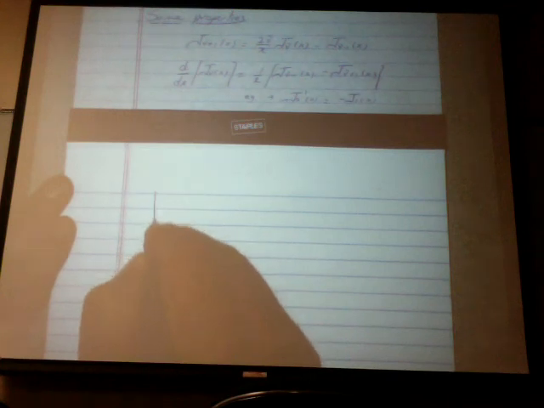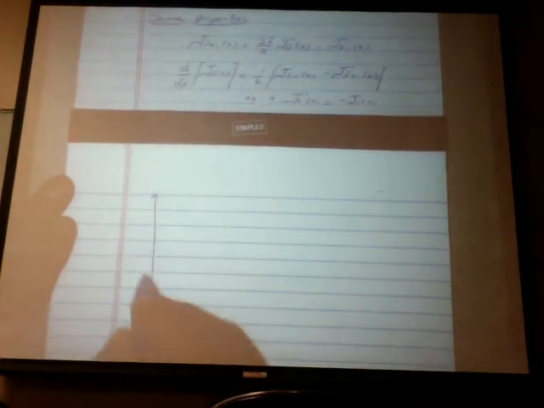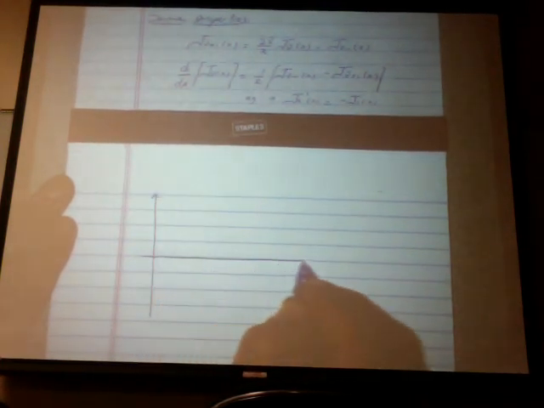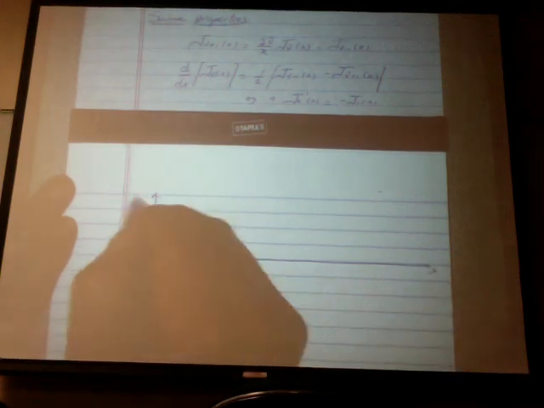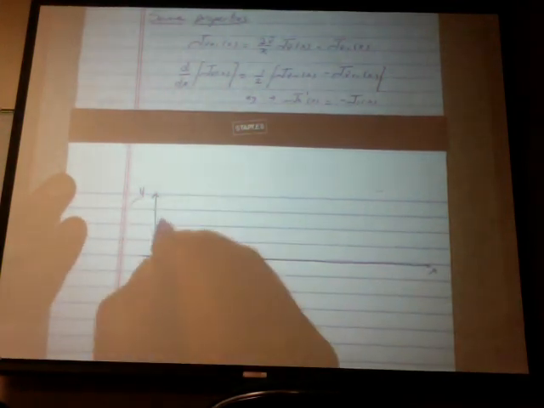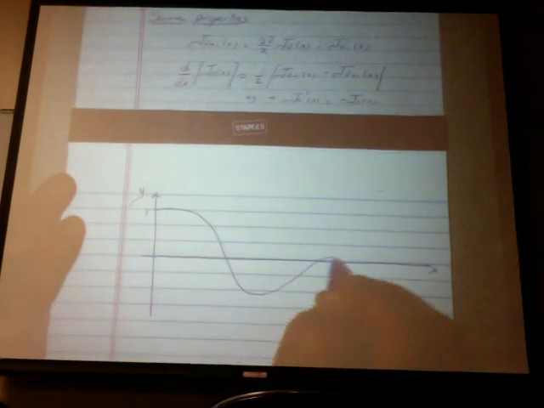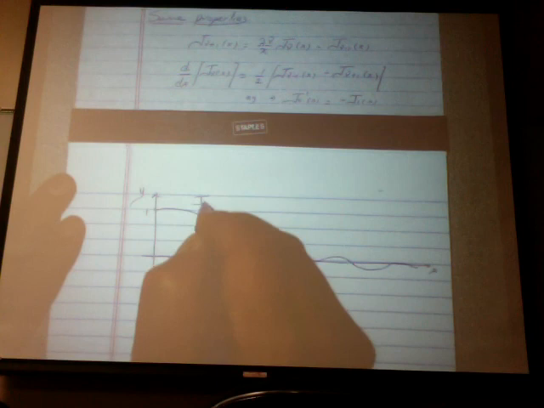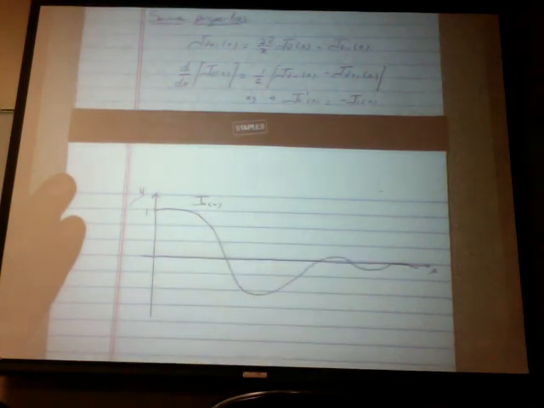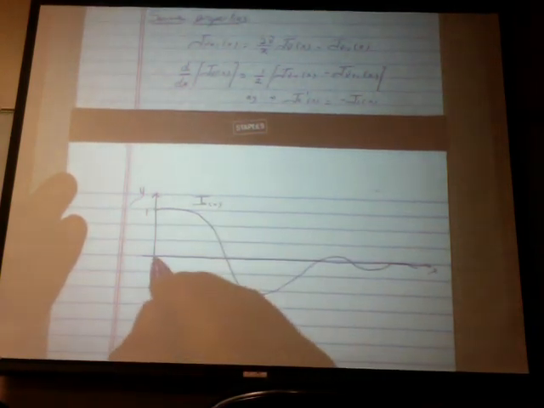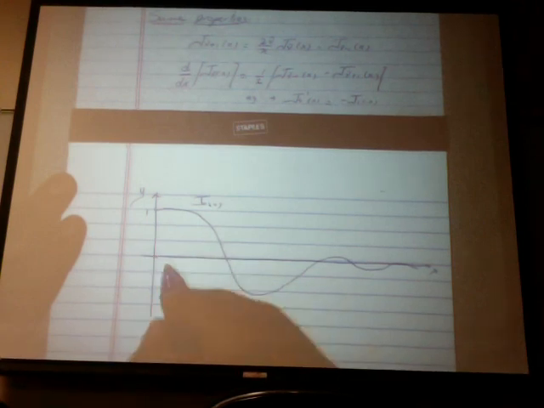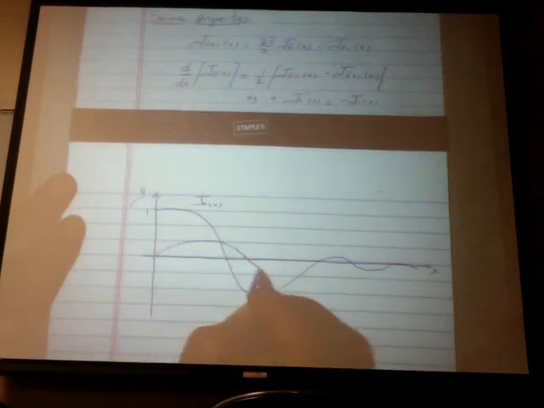And the plots. So we know that J0 starts at 1. So this is J0 of x. And J1, actually, they all, after these, they all start at 0.